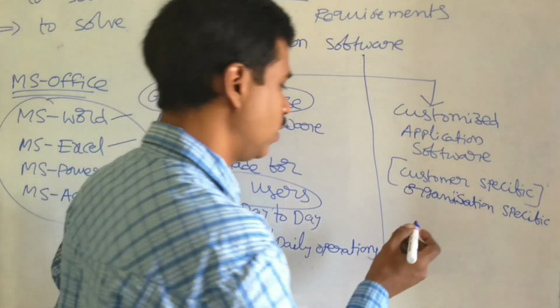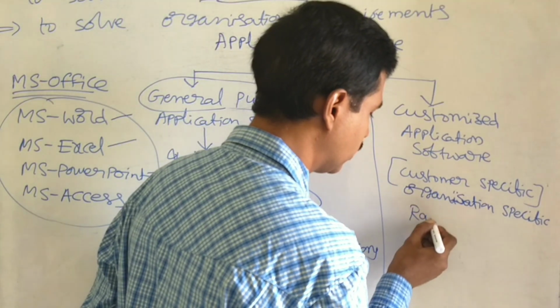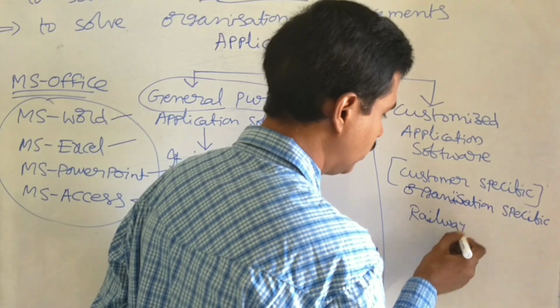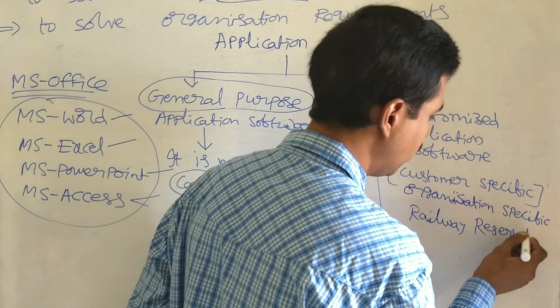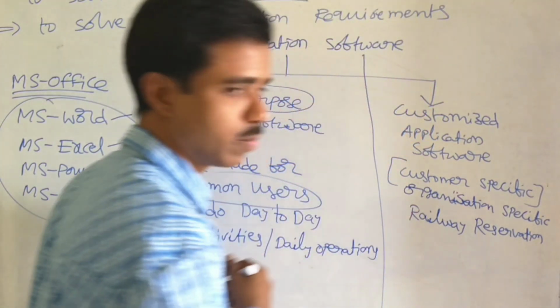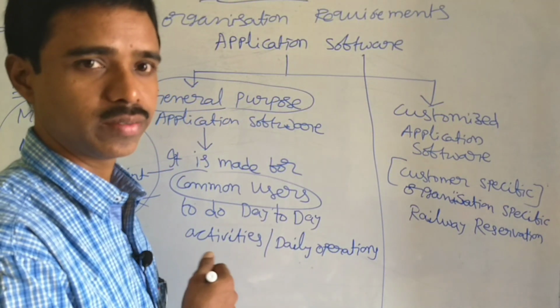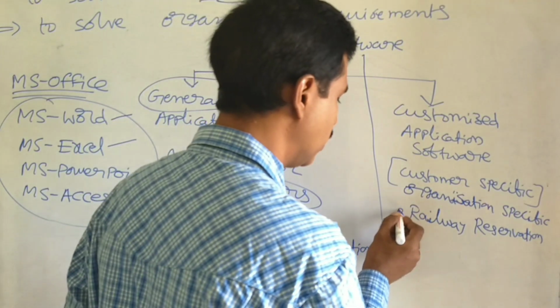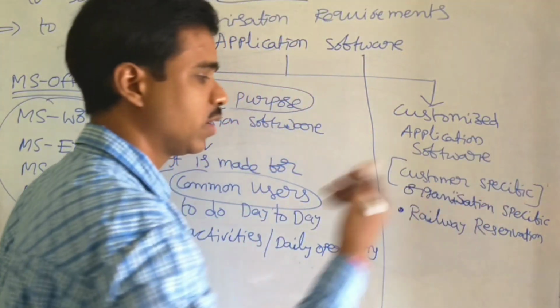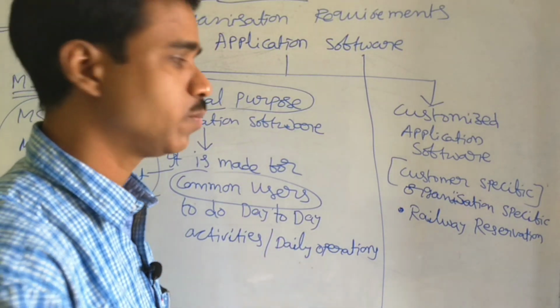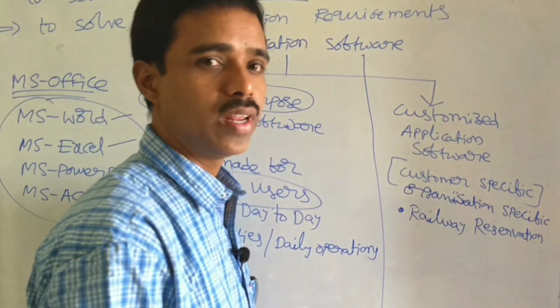For example, if you see railway reservation software, is it system software or application software? Application software only. Why? Because it is used for our personal purpose. It is not required for the computer. Railway reservation is an example of application software, but this software cannot be used by another organization. It is not useful for them. It was made especially for doing the railway reservations.